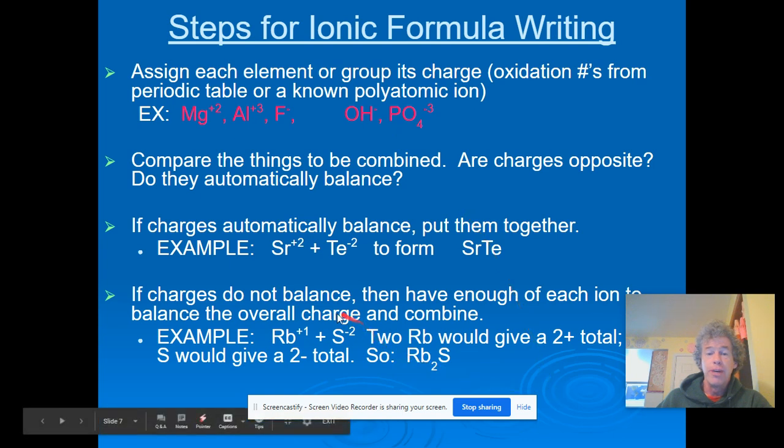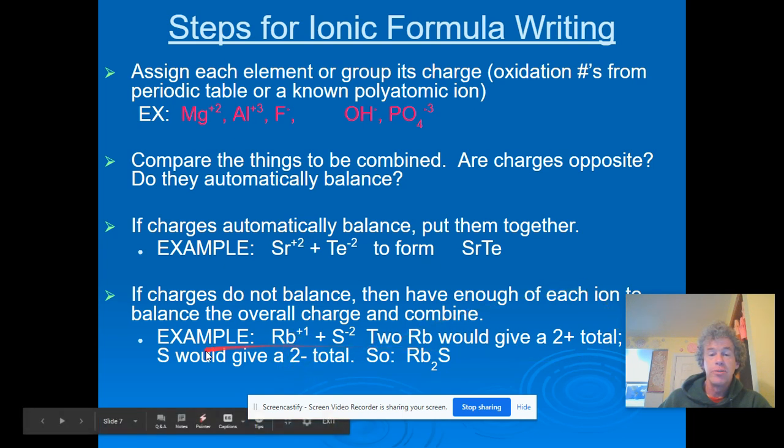So for example, rubidium has a 1+ charge. Sulfur, the sulfide ion, is 2-. So 2 rubidiums would be needed to make a +2 charge. The S, again, has a 2- charge. So if you have 2 rubidiums, 2 times the 1+ is +2, and 1 sulfur is -2 charge.